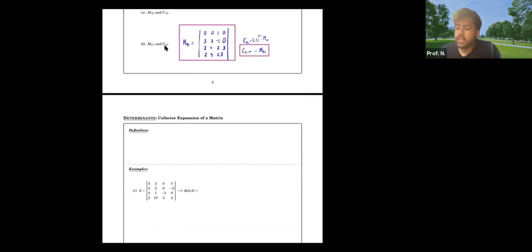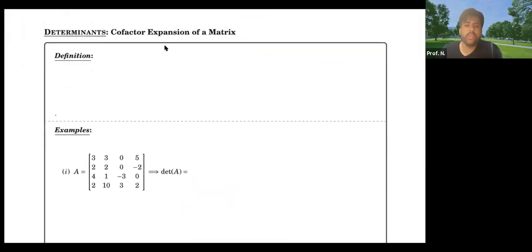So to find a determinant, we use what's called the cofactor expansion. What we do is we go along any row you'd like, or any column you'd like of the matrix, and we perform a cofactor expansion.